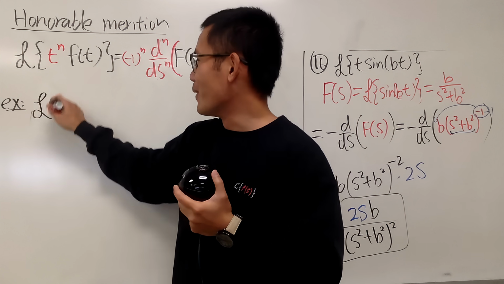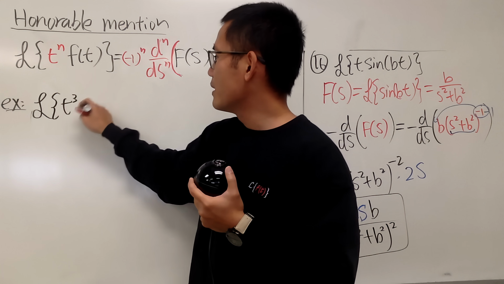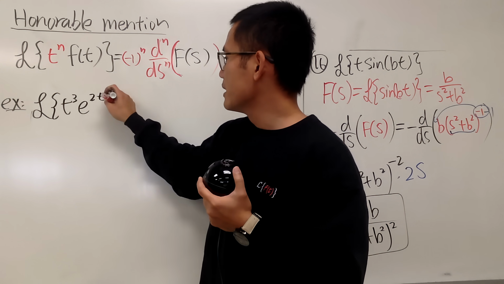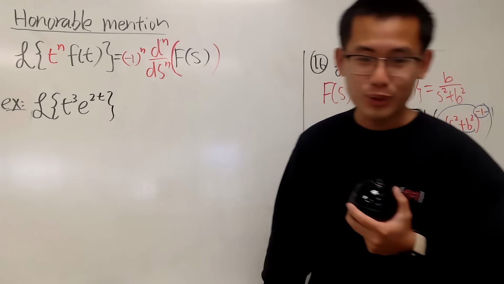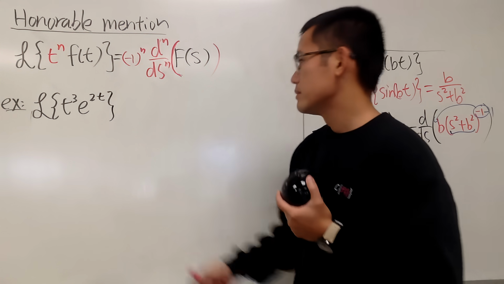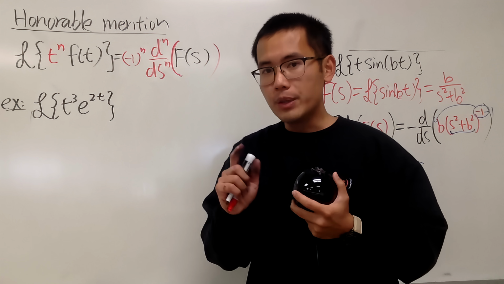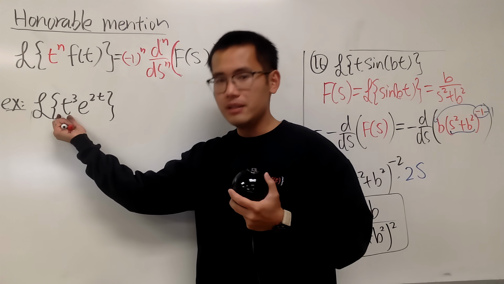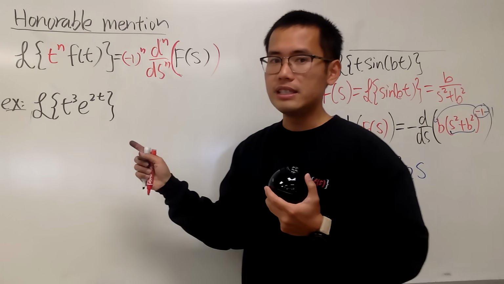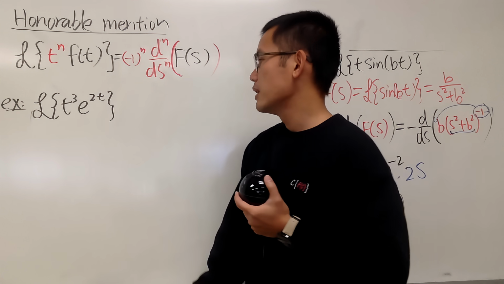The Laplace transform of t to the third power e to the 2t. Does this look familiar? It should. That's question number 14. Anyway, earlier, the way that we did it is we took this as f of t. That was actually the easy way. Now, I'll show you guys the hard way to do this.